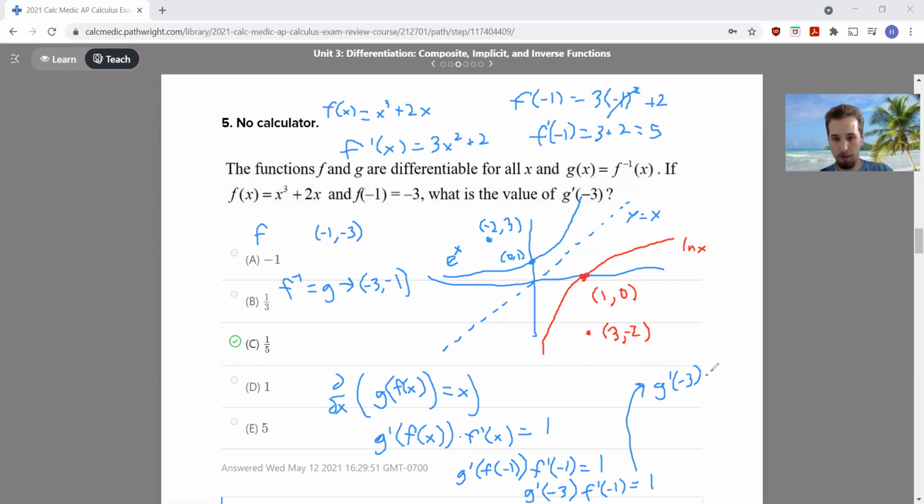So we're going to multiply it by 5 to plug in for f prime of -1 is equal to 1. So we divide 5 by both sides, we get g prime of -3 equals 1 over 5. And that's how we get an answer for C right here.